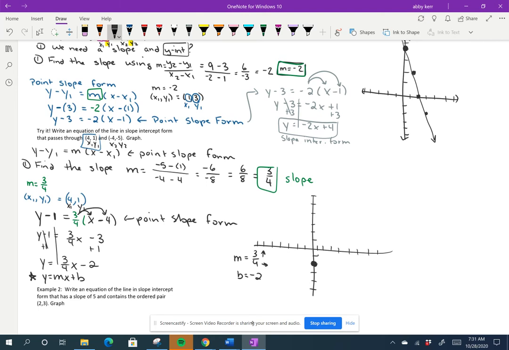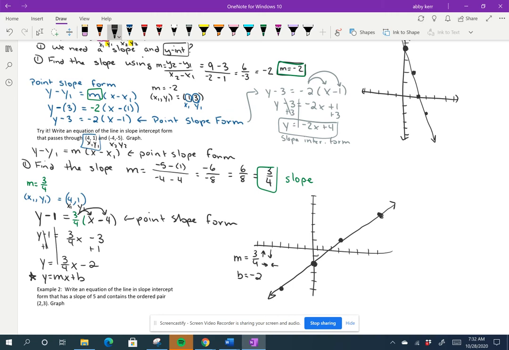So up 3, 1, 2, 3, right 4, 1, 2, 3, 4. You can keep going with that pattern. We can go up 3 more, right 4 more. Now if you want to go backwards, you would just go down 3, left 4. And then draw your straight line all the way through the graph, as straight as possible. And you have to have arrows on the end.